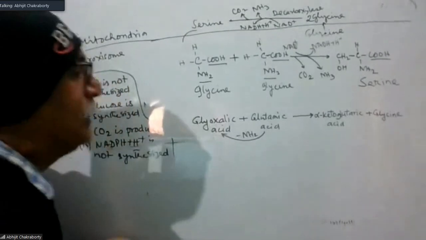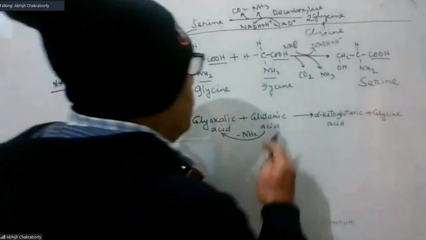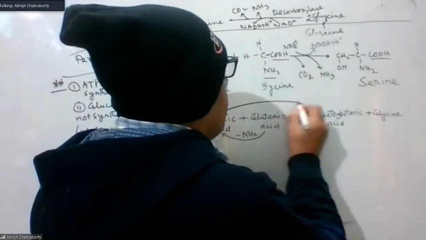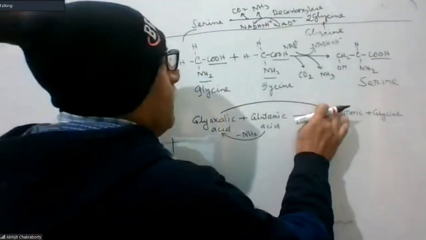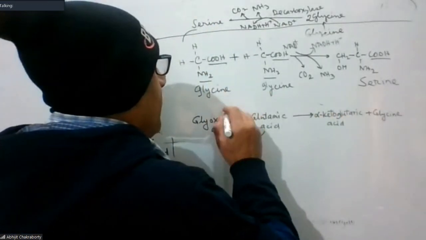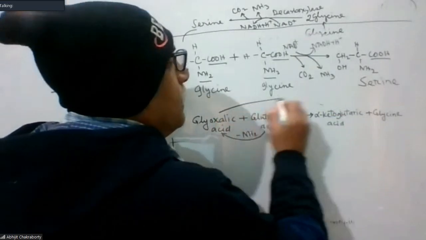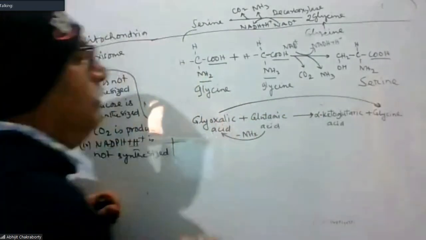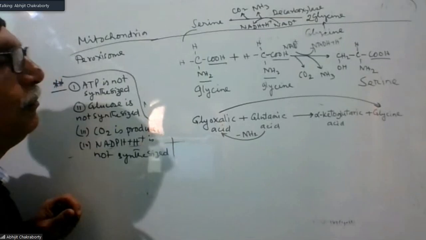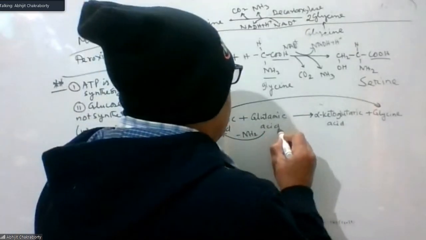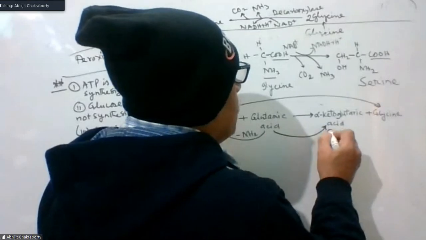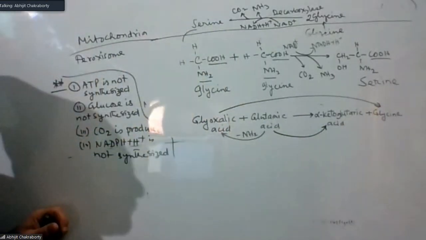The amino group is transferred to glyoxylic acid. By getting the amino group, glyoxylic acid becomes glycine, and by releasing the amino group, glutamic acid becomes a keto acid called alpha ketoglutaric acid.